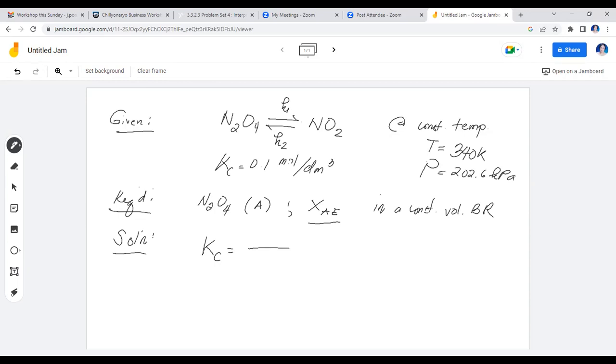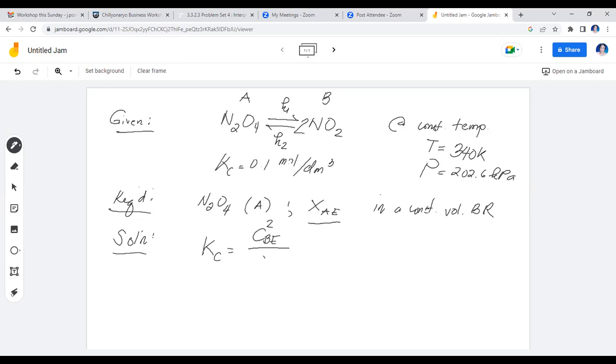So you have here, by the way, I missed writing the two. In this case, if I set dinitrogen tetraoxide as A and nitrogen dioxide as B, then I can write this one as C. Concentration of B at equilibrium will have to be raised to 2 because of this stoichiometric number before nitrogen dioxide.